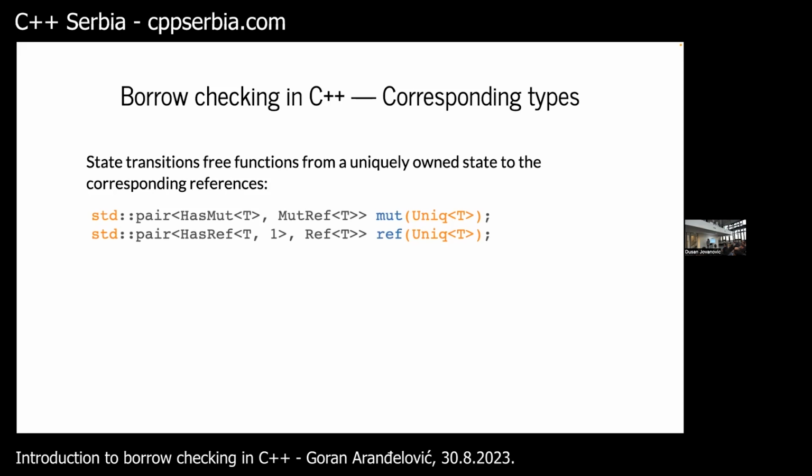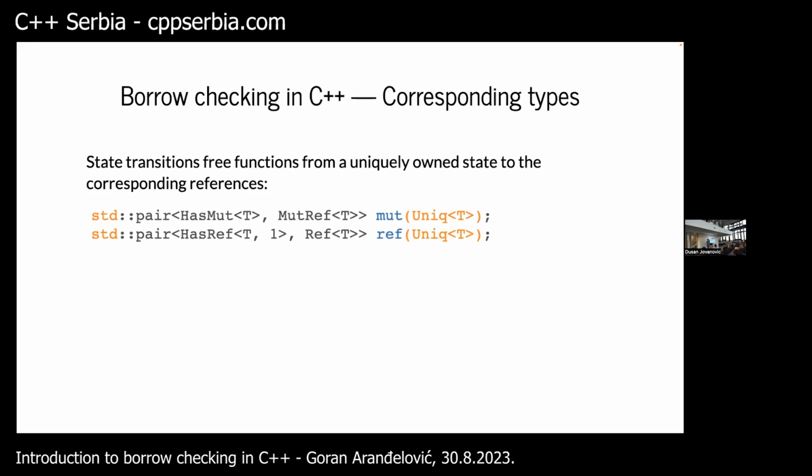The first one in this pair just describes which state you are in on a type system level. It doesn't hold the object. And the other part of the pair is the actual object through which you can access the object itself.